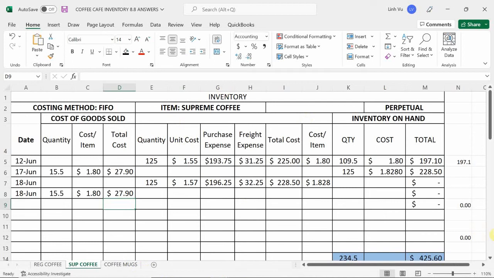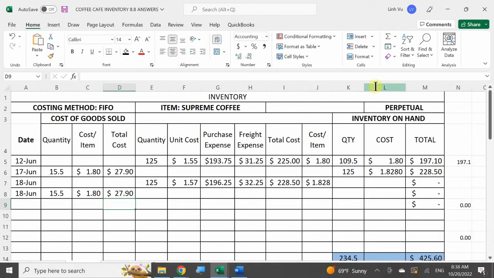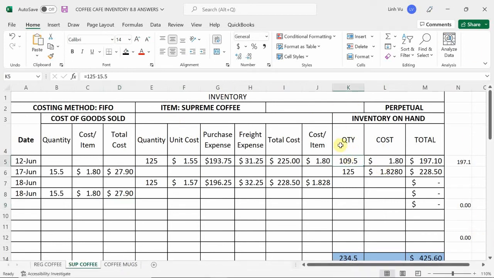Because now I just used another 15 and a half pounds. So how much should my first batch have now? 94 pounds. Okay, good. So I should be left with 169.20.